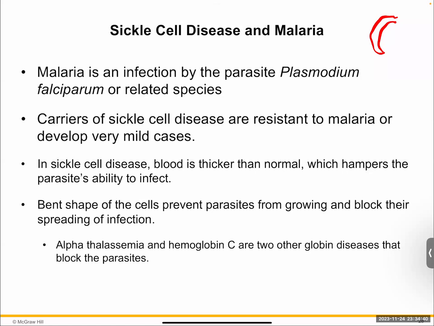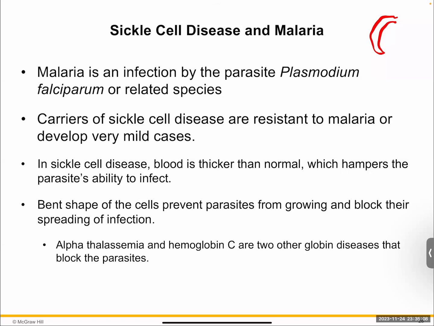And again, the bent shape also prevents these parasites from growing, blocking, and spreading the infection. So the shape, even though it's not the healthiest version of the cell, is beneficial to protecting you against a secondary and very dangerous disease that can lead to death in many cases.